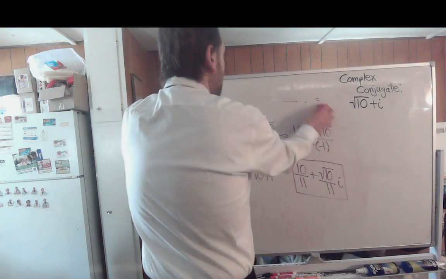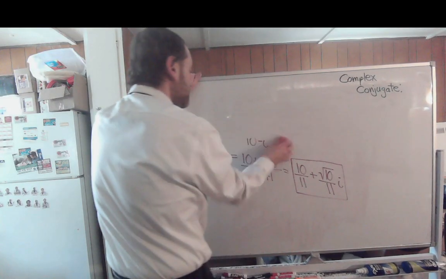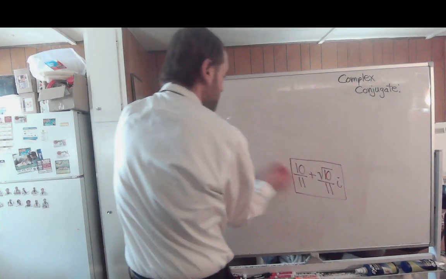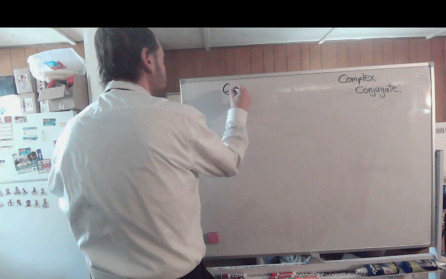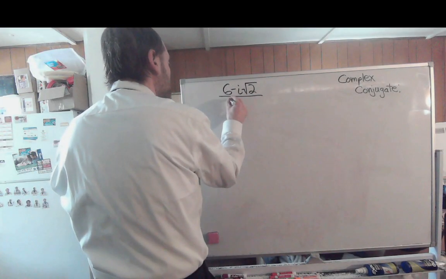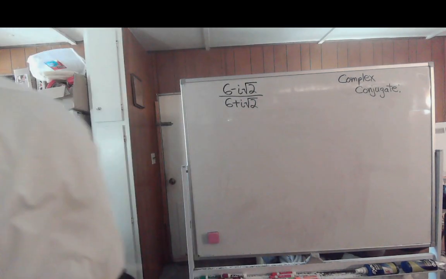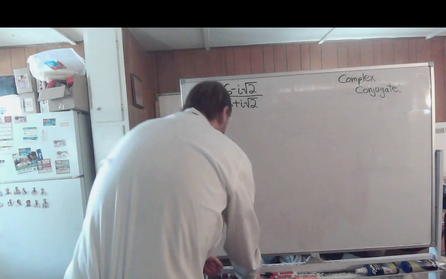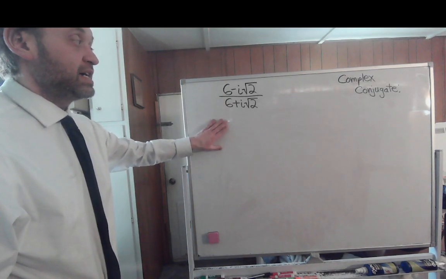And I got one more. All right, so we have 6 minus i times the square root of 2 over 6 plus i times the square root of 2.